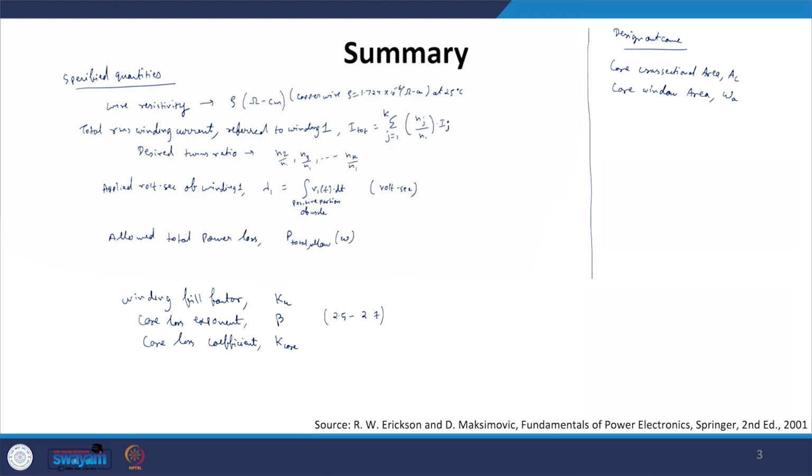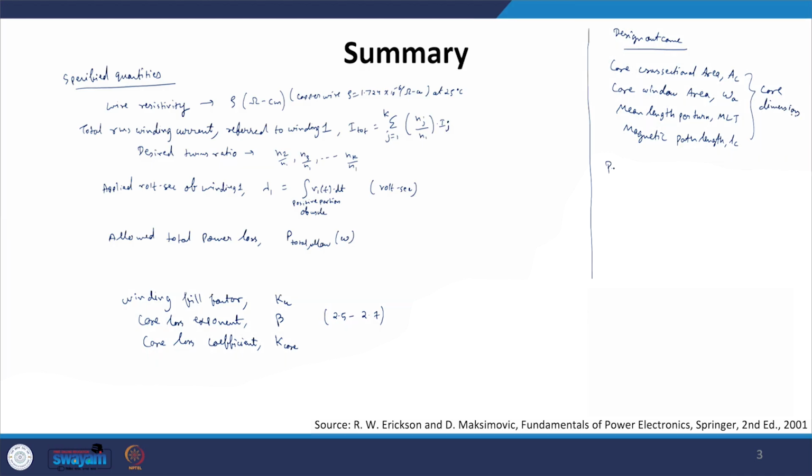Then we have also seen the mean length per turn, which is MLT. Then we have defined the magnetic path length, which is LC. Now, the moment you select a particular core, all these quantities will be defined in the core data sheet. So, these are the core dimensions.